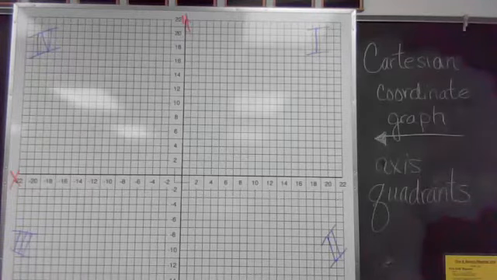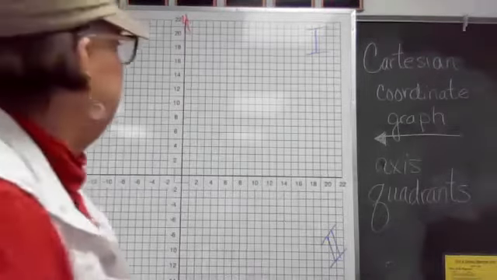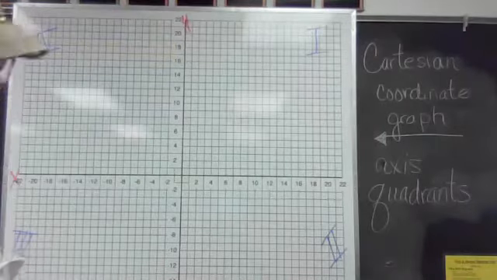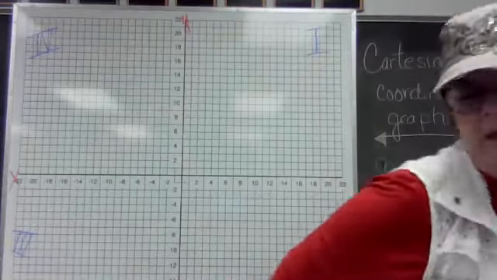Okay, quadrants. So they may ask you something like, which points are in quadrant 2? And then you would name, oh, it's point number A and point K or whatever. All right? So those are the basics of how this Cartesian coordinate graph works.